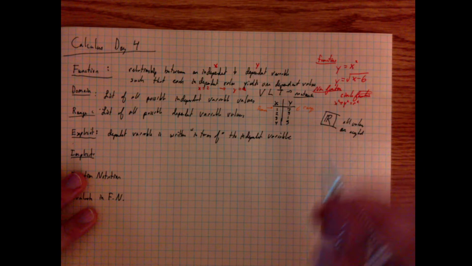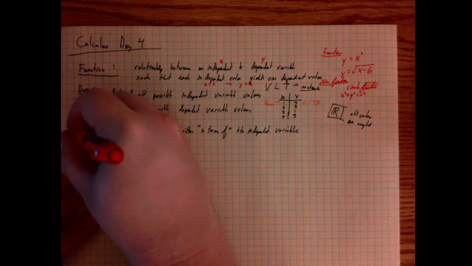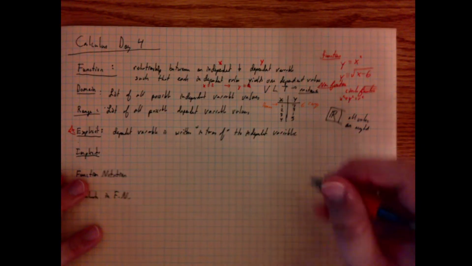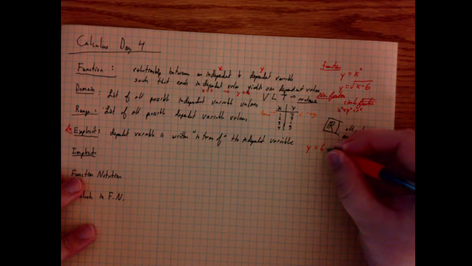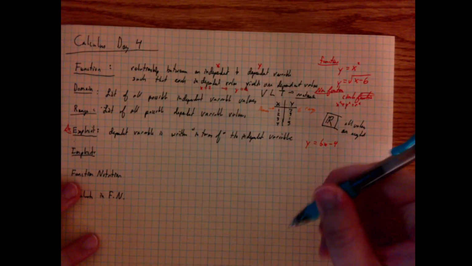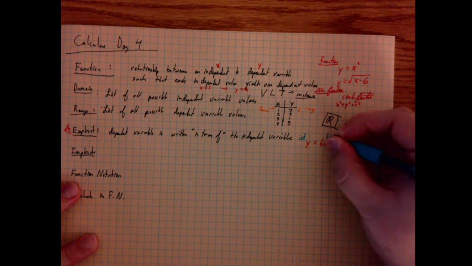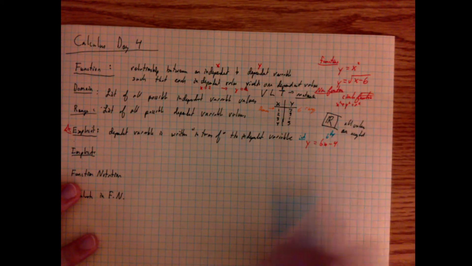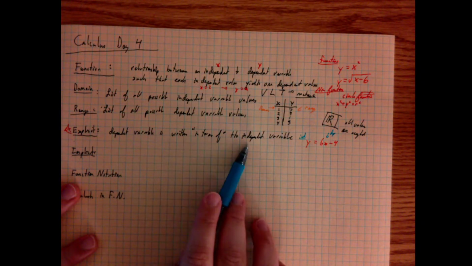This is the most common type of way you write things in algebra. By and far, this is the most common. This is when you have y equals 6x minus 4. Notice you have on the left-hand side the independent, and on the right-hand side you have the dependent.